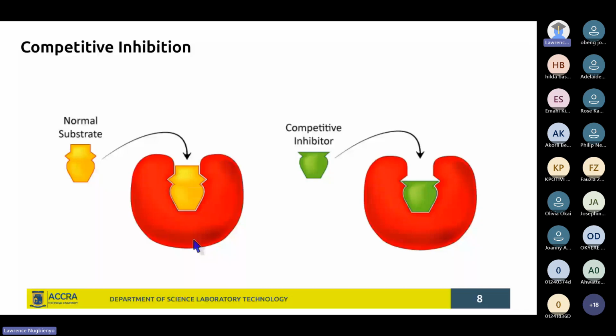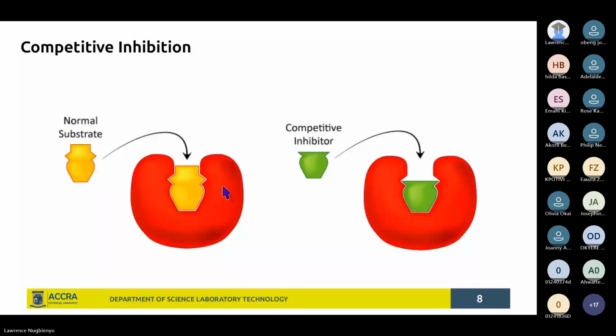So here, the red structure is representing the enzyme, and the groove in it is representing the active site of that enzyme.